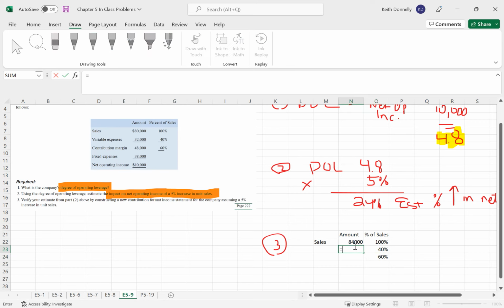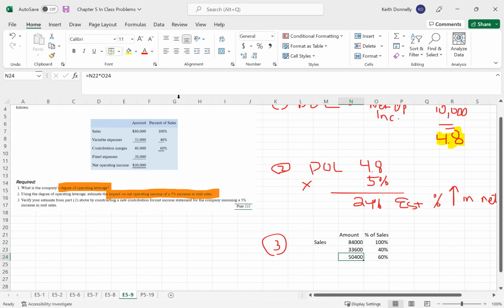So if we did the 84,000 times 40%, we're at 33.6. If we did the 84,000 times the 60%, we're at 54 there for our variable expenses.